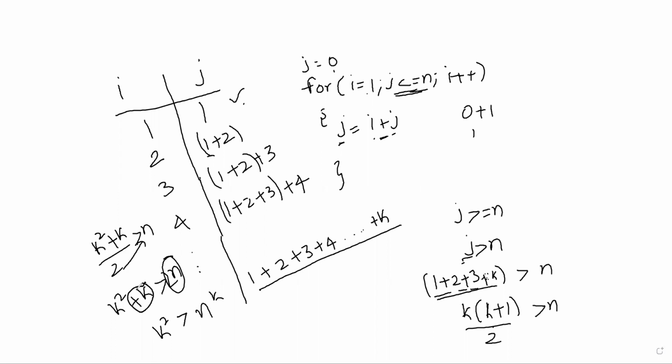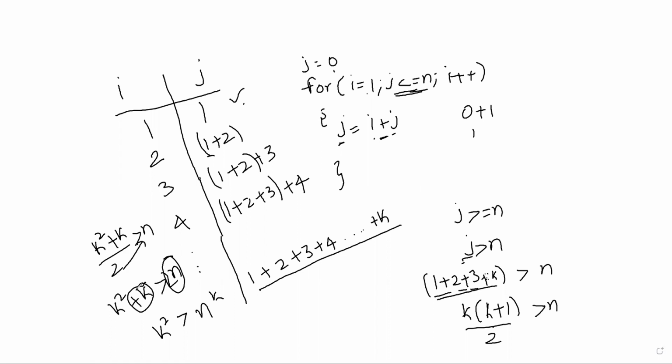I'm neglecting this k because if you add any k term to the k square, it would be k square plus something. So I'm considering that as k square. Clear? If you take a big number added with a small number, k square is bigger than k, and adding that will not become k cube. If you multiply it with k, then it becomes k cube.